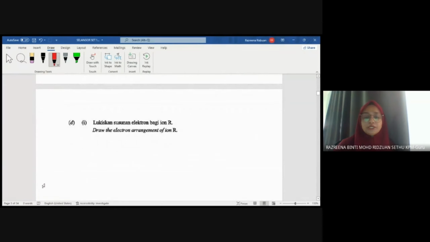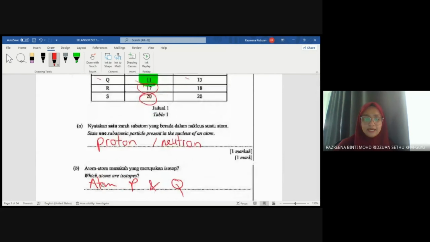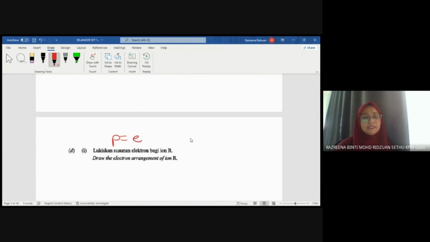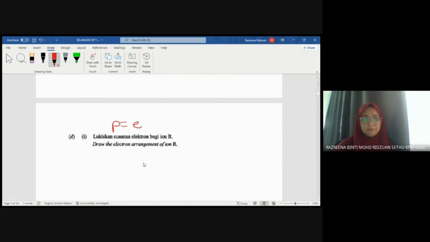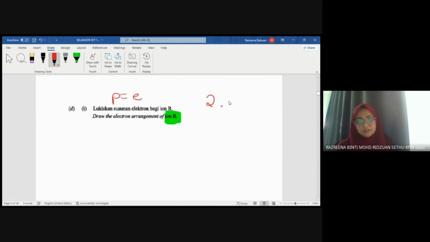Question D. Draw the electron arrangement of ion R. Let's look at R. Where is R? R has proton 17. As I mentioned just now, 17 protons equivalent to 17 electrons. But bear in mind, this is ion R. So if it's 2, 8, 7, in order to be an ion, it needs to receive one electron. It is easier to receive one.